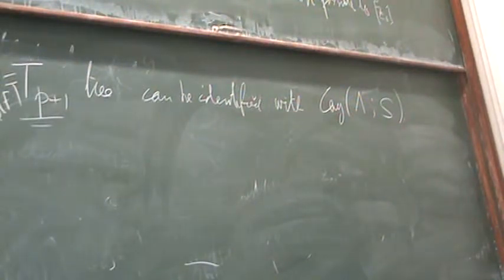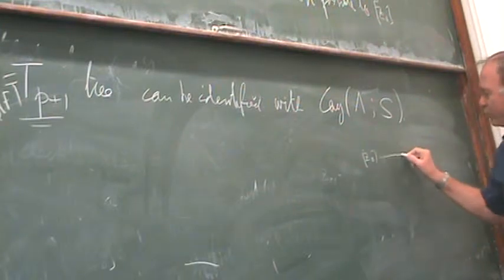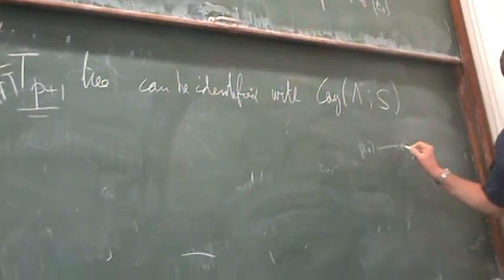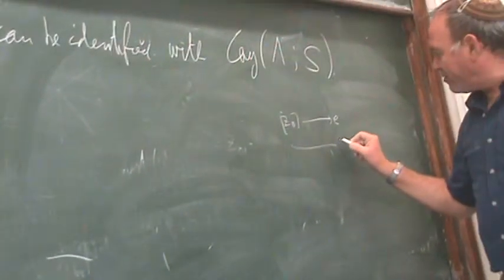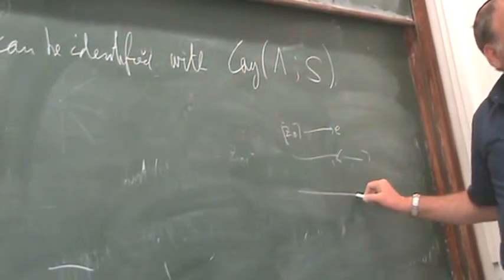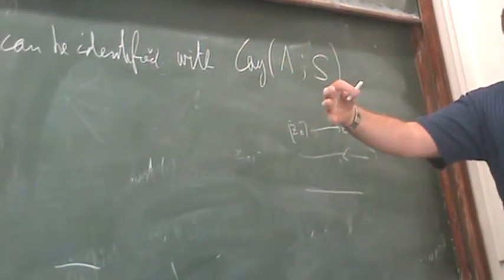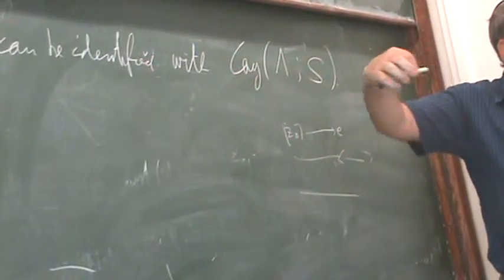Why? This is clear. Because I associate z naught to the identity. The neighbors of identity are exactly the elements of S. The neighbors of the neighbors are multiplications of 2 elements. The neighbors of the neighbors of the neighbors are multiplications of 3 elements, in all the reduced words.